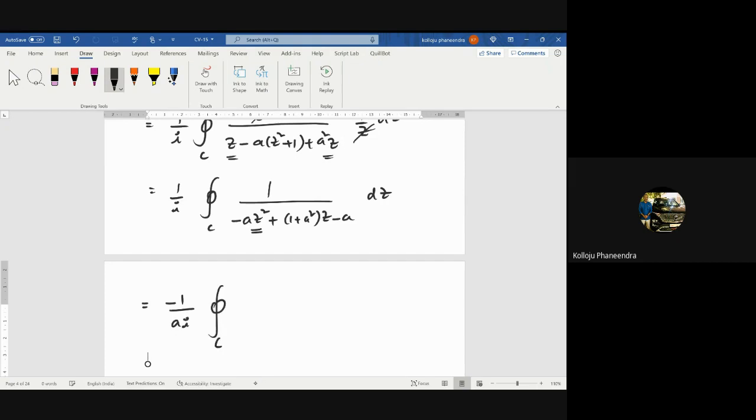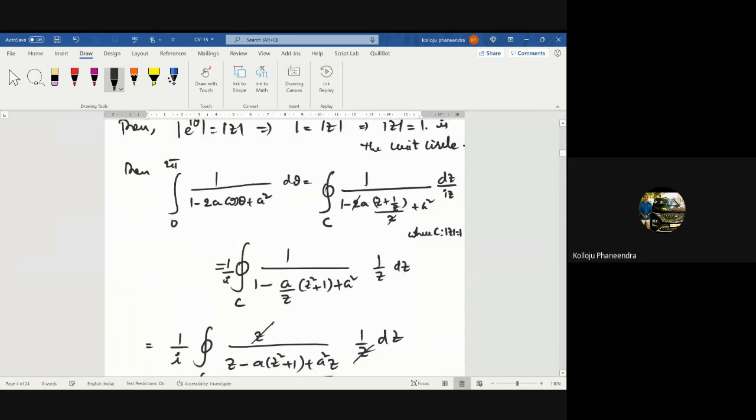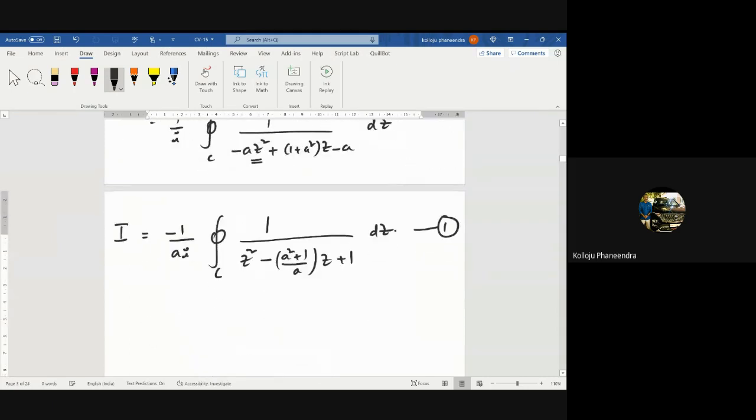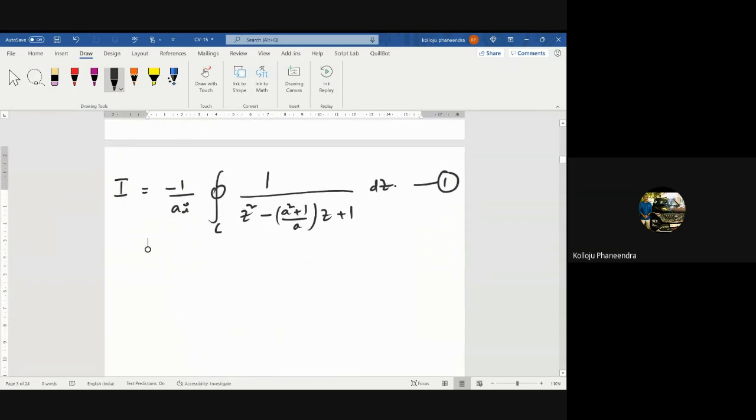Integral over c of 1 by minus a times z square minus a square plus 1 by a into z plus 1. I take this value as I, I stands for this integral. Got it?